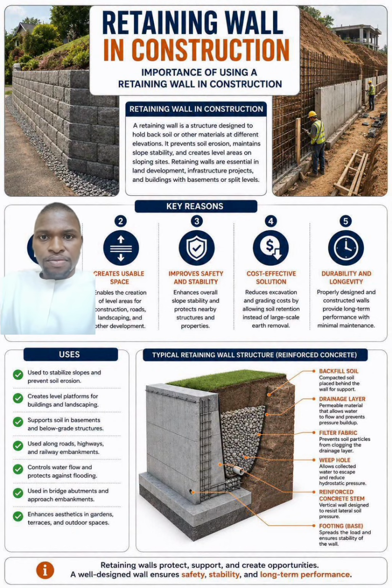Then it is used along roads, highways, and railway embankments. So for your road embankments, for your railway embankments, for your highway embankments, you tend to make use of your retaining wall. Then control water flow and protect against flooding. So you can actually use it alongside your drainage to control water flow and protect against flooding.